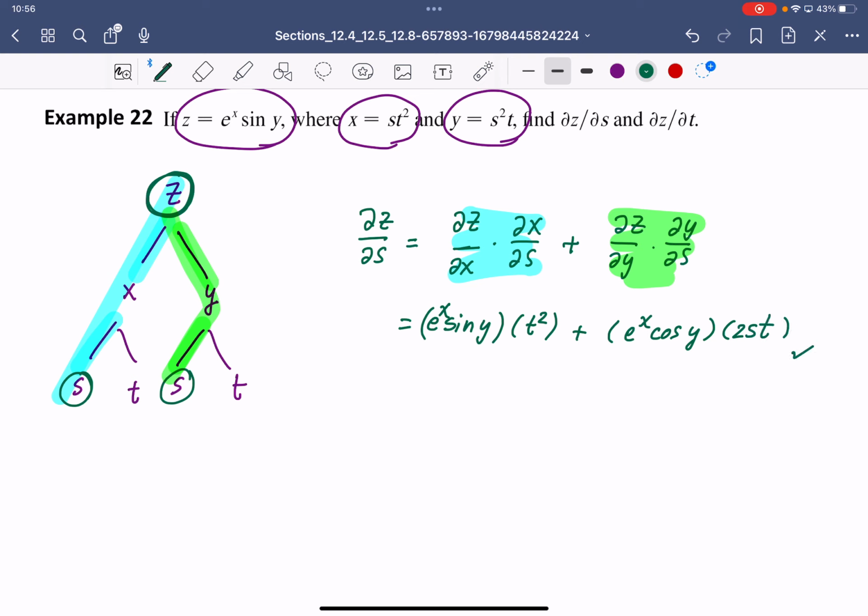This is the answer already. If you want it to be more beautiful, you can replace x and y by s and t, but you can stop here technically. Makes sense? Now differentiate c with respect to t.